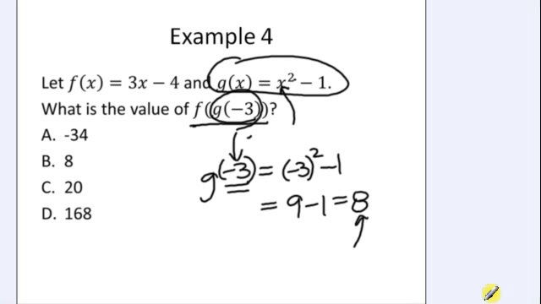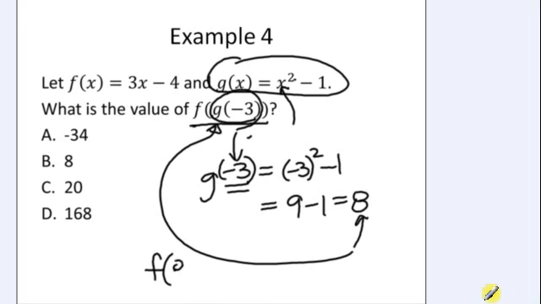Now our output of function g becomes the input of function f. So now we want to find f of 8, and I look at function f up here, and it says take 3 times the input minus 4.